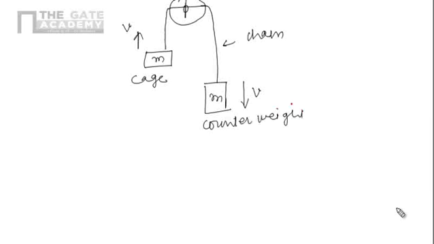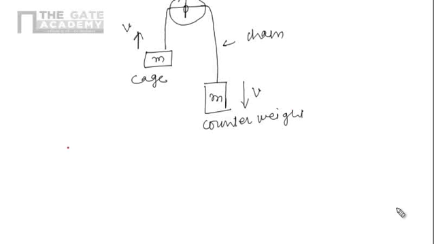Now we are interested in power. So we first calculate the work done by applying the relationship between work and energy, and with the help of work done we can easily calculate power.